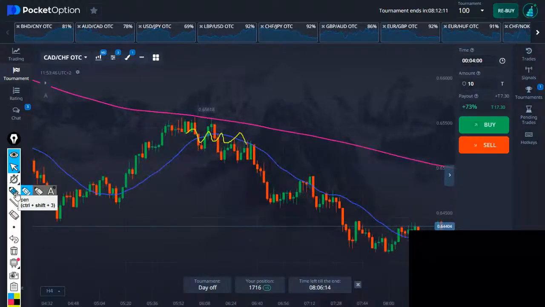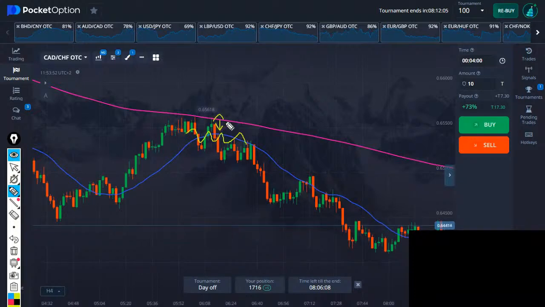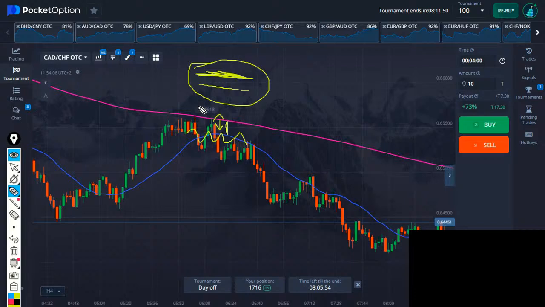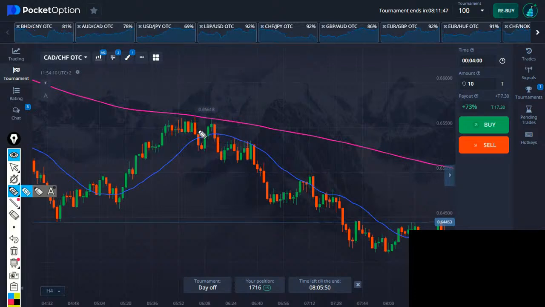This is why we call it a narrow state. See that? The difference in space between the 20 and the 200 is very close. So let's say this is the 200 moving average, and this is the 20 moving average. They are very close and tight. So you have over here a narrow state.